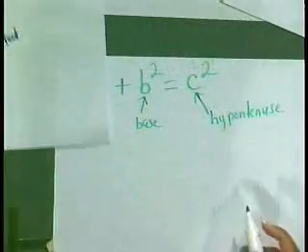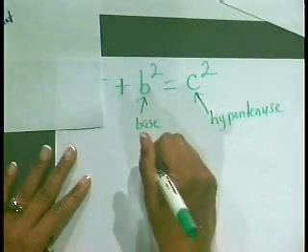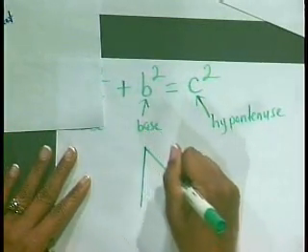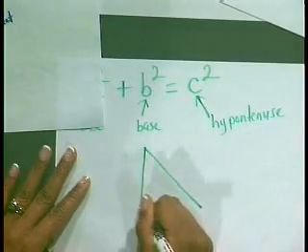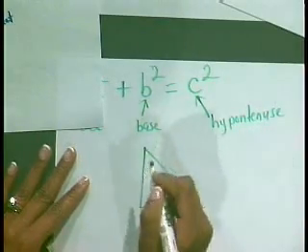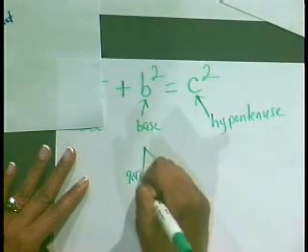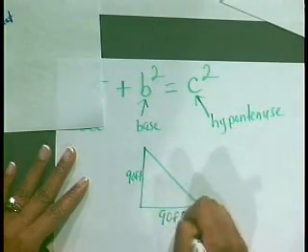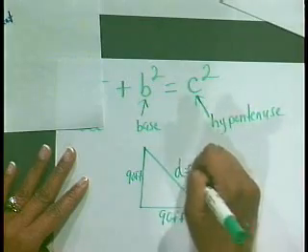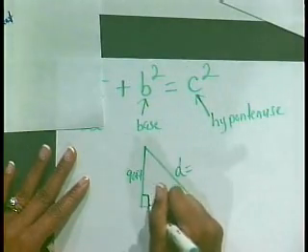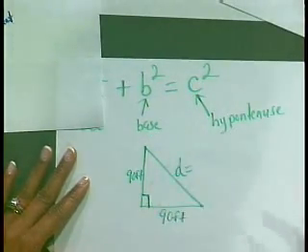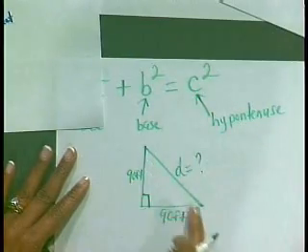So if I draw my triangle over, if I take it out and draw it again, we can name this 90 feet, 90 feet, and we don't know what this is, so that's our D. So again, the right angle is directly across from our hypotenuse.